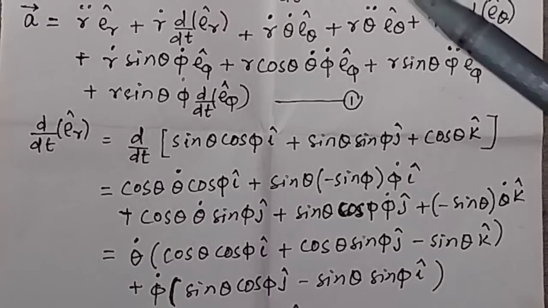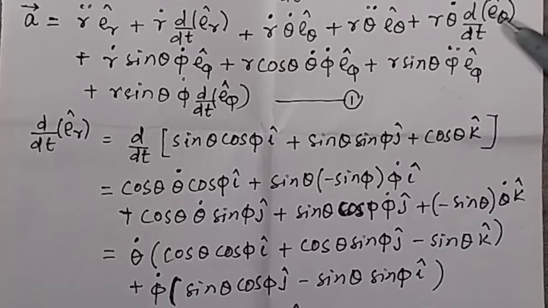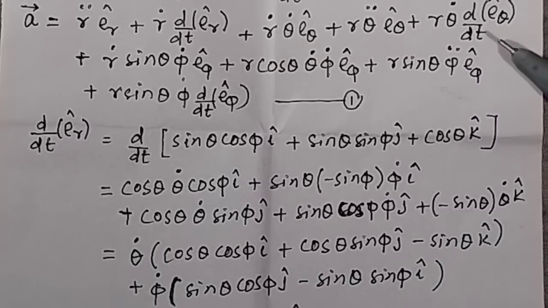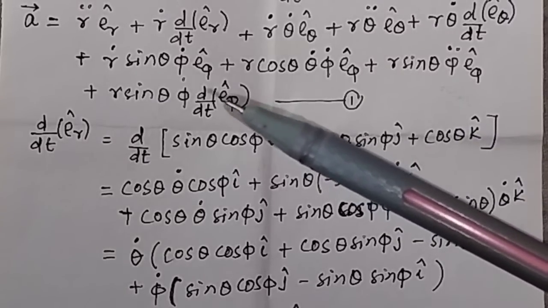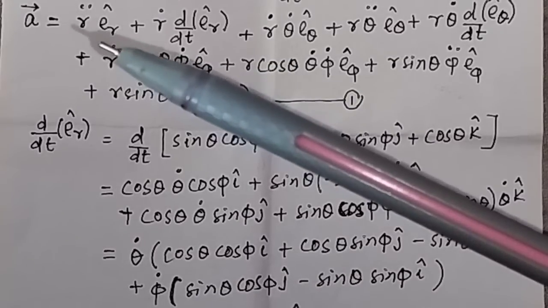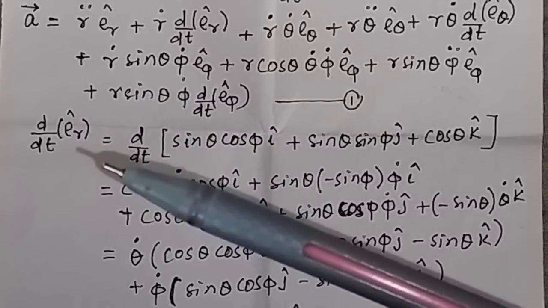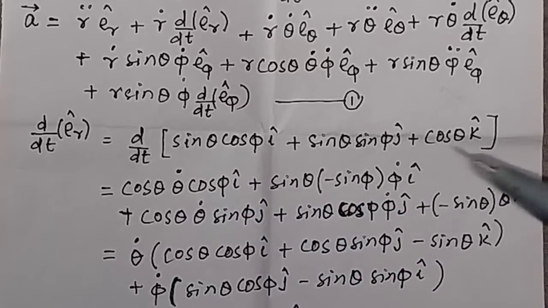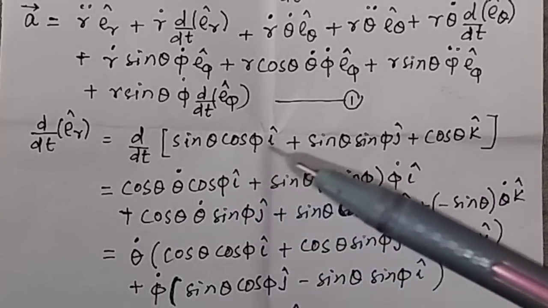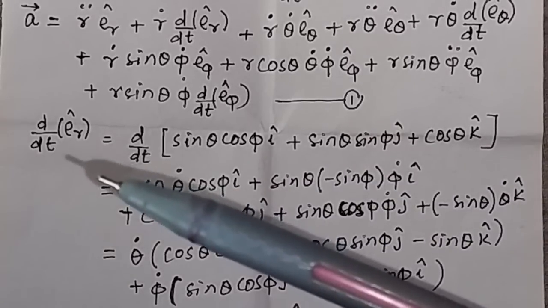So you first find the derivative of e_r cap with respect to t, then the derivative of e_theta cap with respect to t, then the derivative of e_phi cap with respect to t, and then you can find the value of the acceleration. So first you calculate the derivative of e_r cap with respect to t.